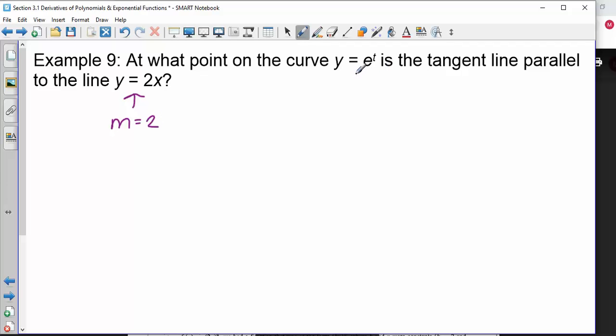So how do I find the slope of the tangent line? Slope of a tangent line is the derivative. So I'm going to do the derivative of this. What's the derivative of e to the t? E to the t.